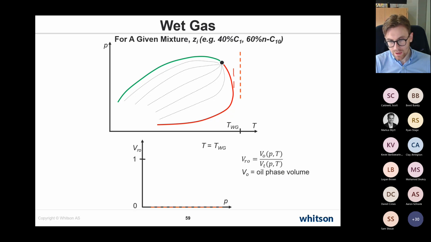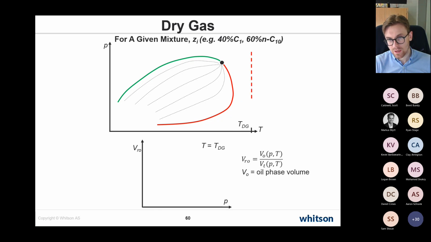Then when we bring that fluid to the surface, separator conditions are inside of the two-phase envelope. That means there's no liquids in the reservoir, but at surface you have a gas phase and a liquid phase. That's a wet gas for you. And the wet gas has no liquid whatsoever in the reservoir, so liquid relative volumes are zero. That's simple.